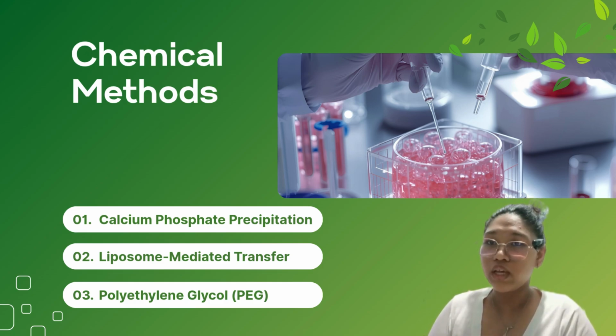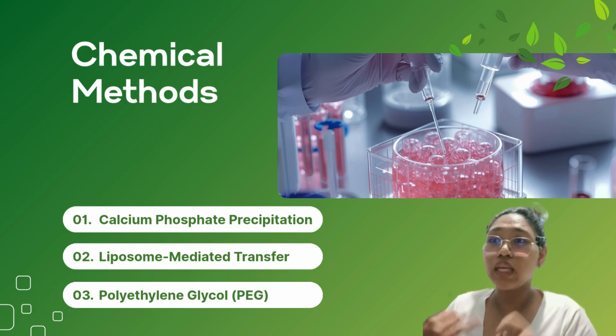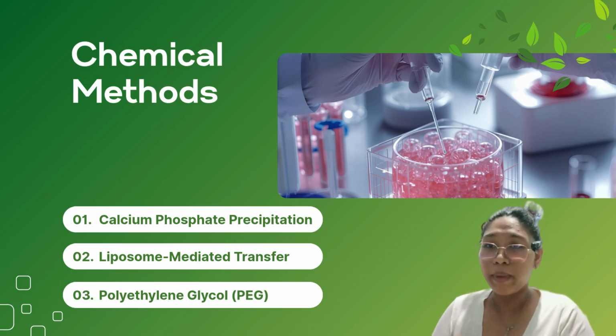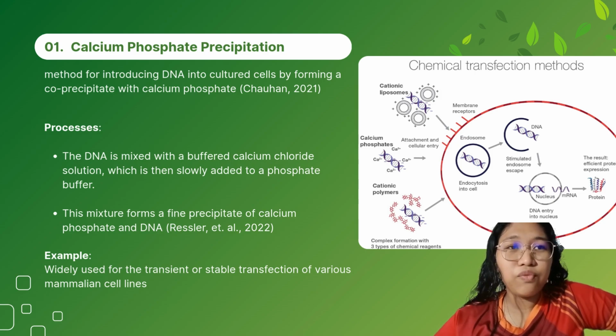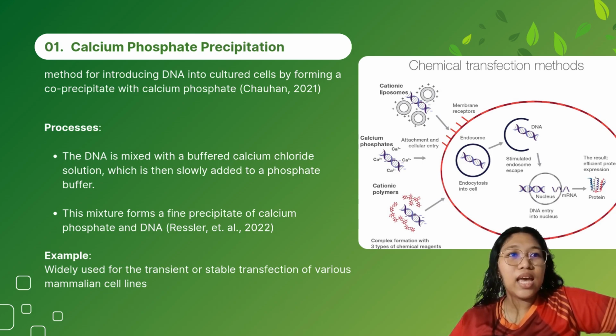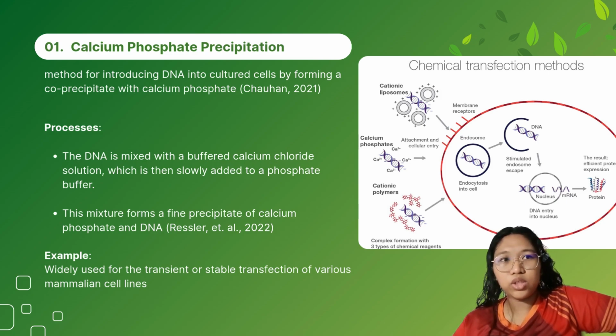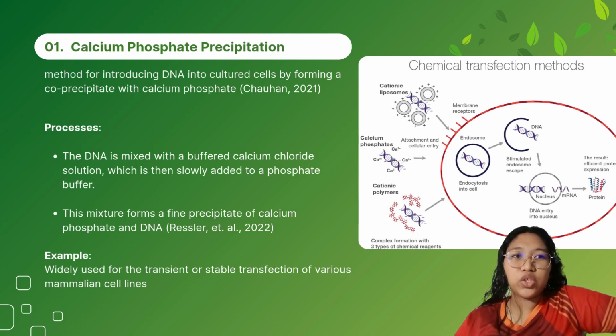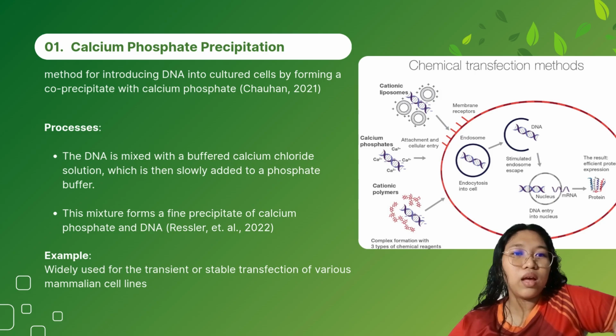There are three methods in alternative techniques. We have calcium phosphate precipitation, liposome-mediated transfer, and polyethylene glycol or PEG. First technique is the calcium phosphate precipitation. This classic and simple chemical method introduces DNA into cultured cells by forming a co-precipitate with calcium phosphate.